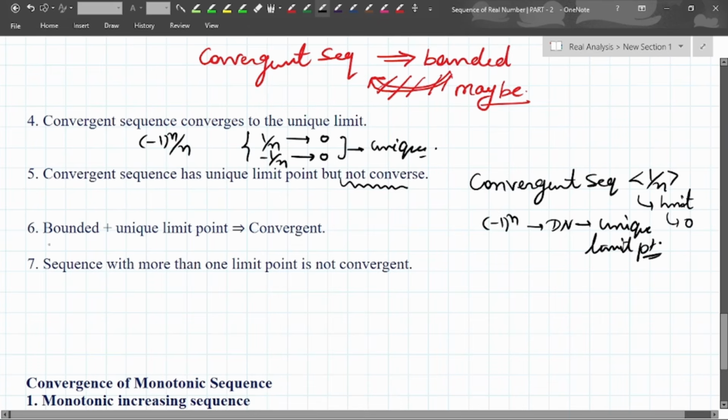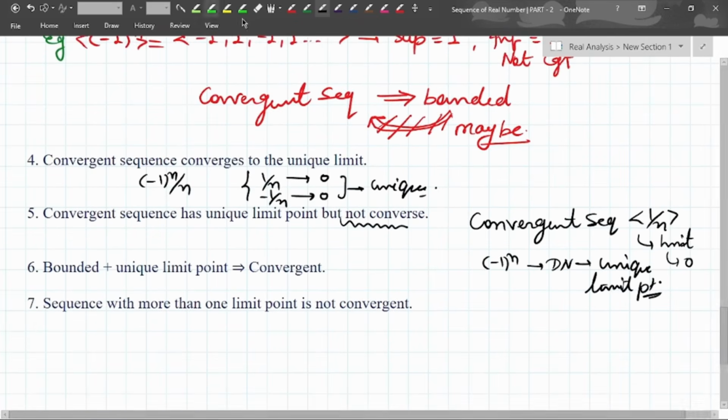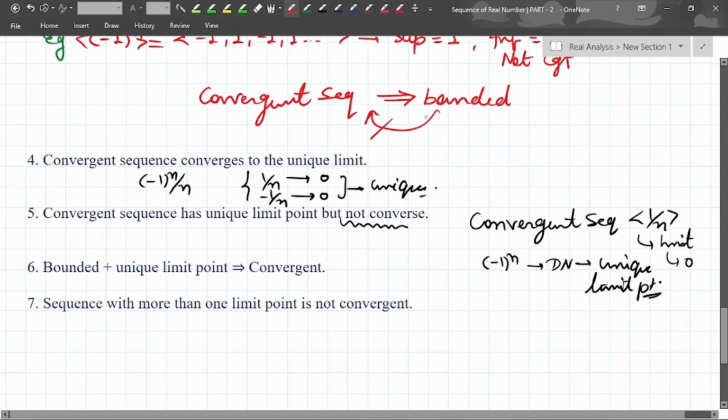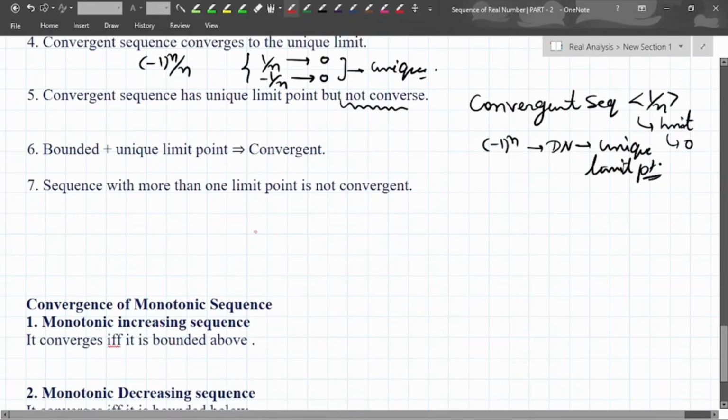Next, bounded plus unique limit point will be convergent. Whatever we have seen, we have one result where the converse is not true. But what if it is bounded plus a unique limit point? We have four results, just focus on them.